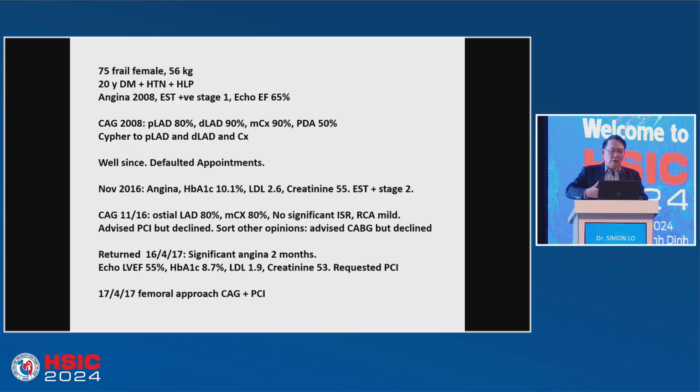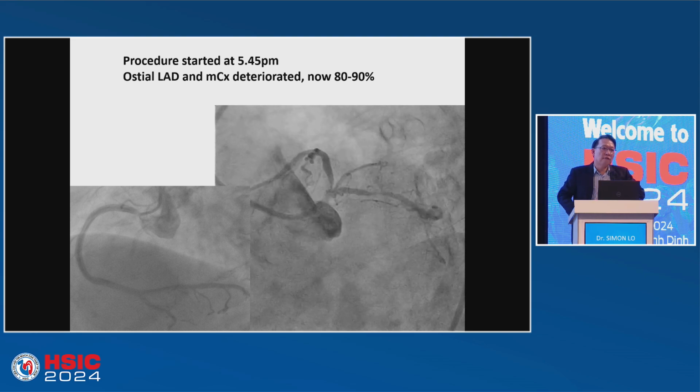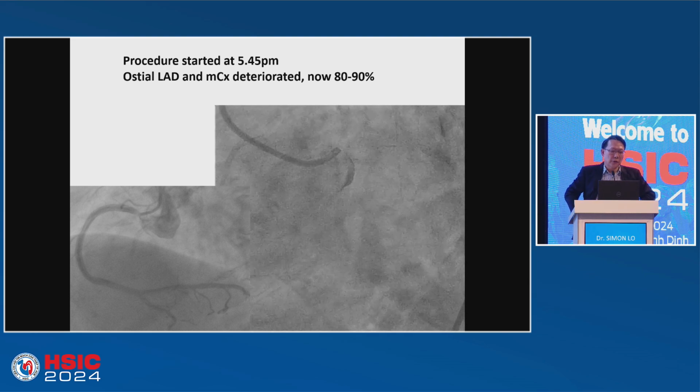Now, she returned the following year, 6 months later or so, on the 16th of April 2017, and she had significant angina symptoms for about 2 months. LV function was still okay at 55, and the risk factors had improved somewhat. On the 17th of April, she agreed to an angiogram with a view to an angioplasty.